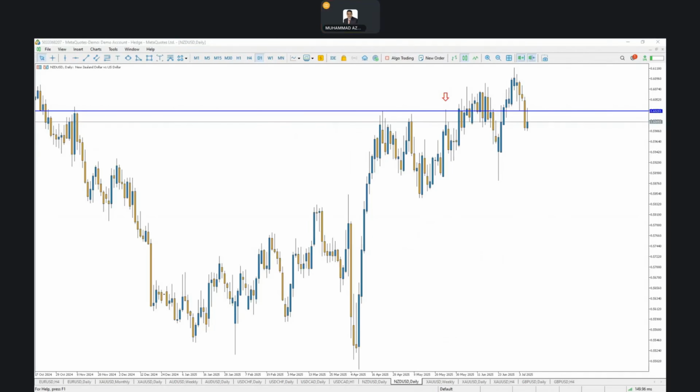Overall, I expect sideways price action if they hold the OCR at 3.25%. Now if we do get a change, like the OCR rate changes to greater than 3.25%, then expect bullish price action, and the NZD USD is going to rise.